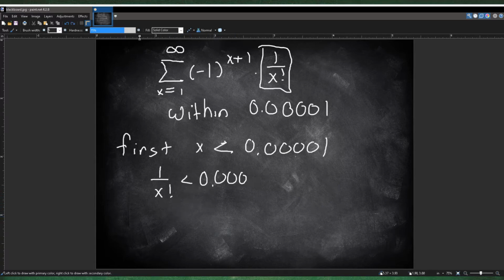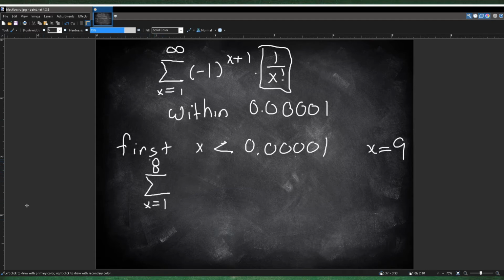Okay, so let's store that first. We know that the first time the term is less than 0.00001 is when x is equal to 9. So what we do now is take the sum from x equal to 1, the beginning number, and whatever we have as the answer, we subtract 1 from it. So 9 minus 1 is 8.